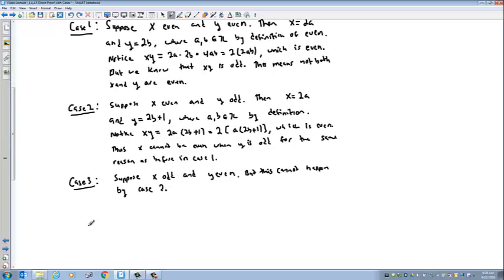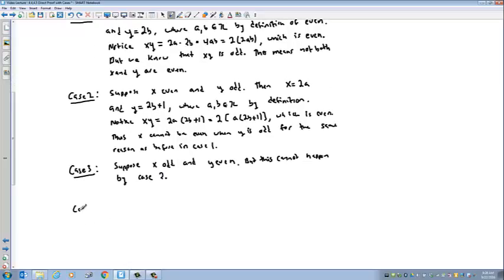And then finally, our final case, case 4, when they're both odd. So suppose x is odd and y is odd. Right, then, so same sort of setup.